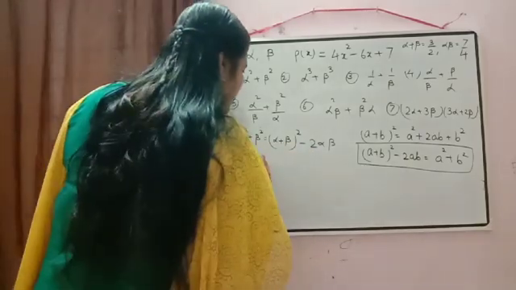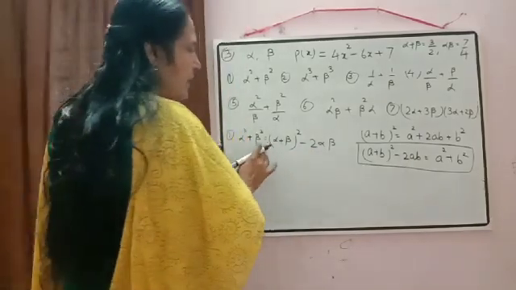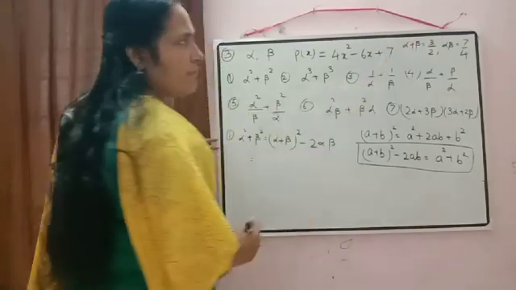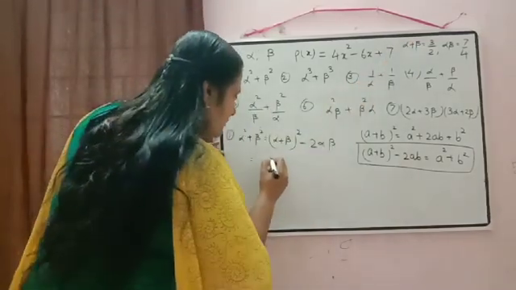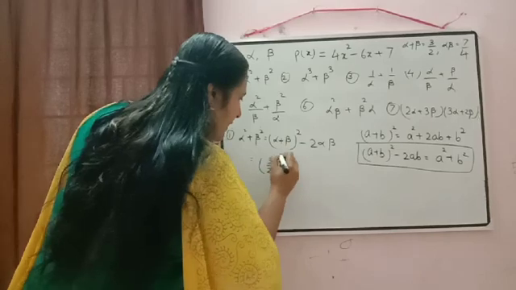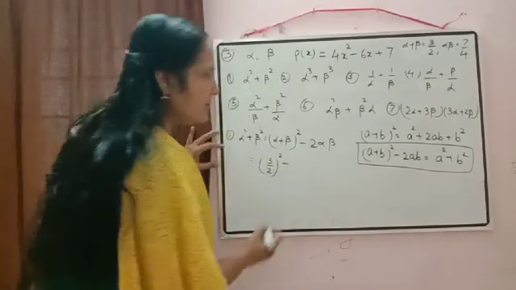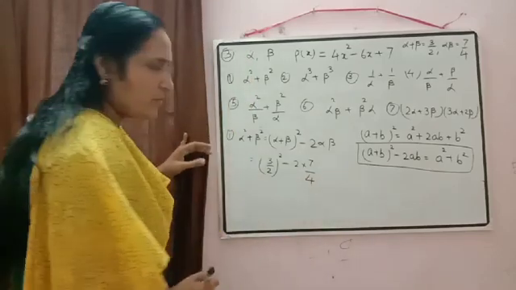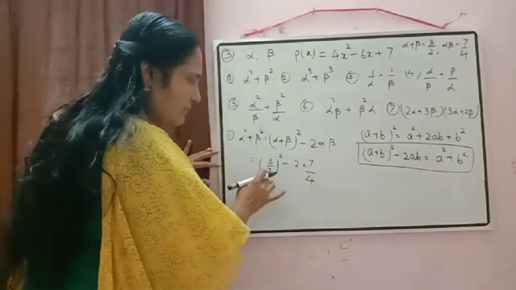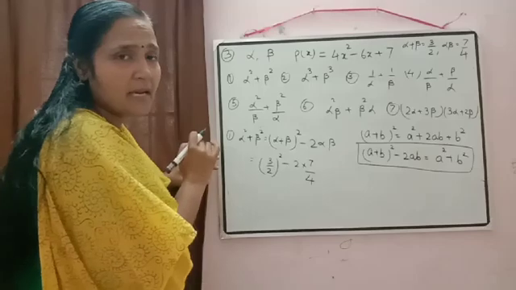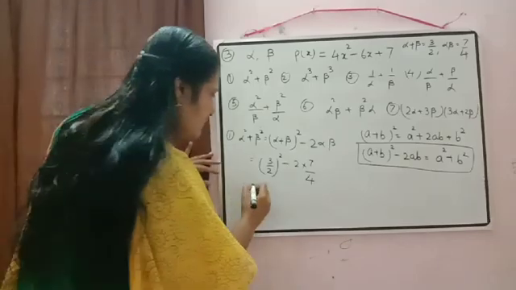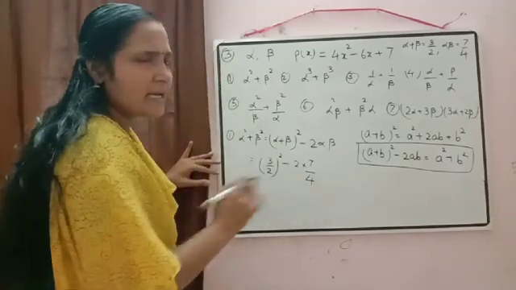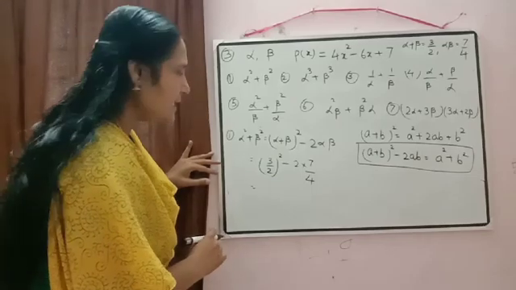Now just to substitute the value. What is alpha plus beta? That value we know. Alpha plus beta is 3 by 2. Then we will get here 3 by 2 the whole square minus 2 alpha beta, 2 into 7 by 4. Don't cancel here, because when we will do the square, obviously in denominator 4 will come. That's why don't cancel. Otherwise again you have to make the denominators equal.